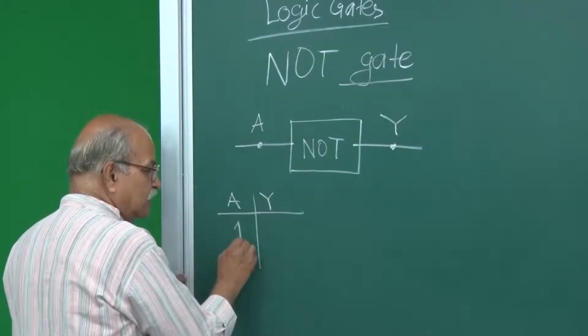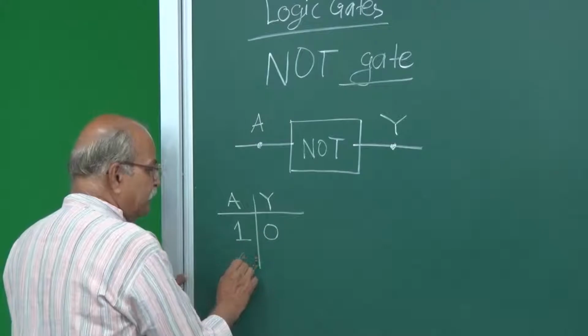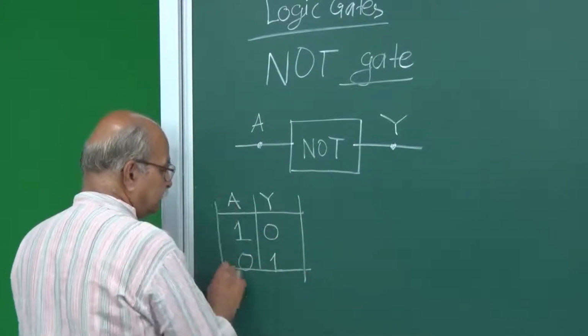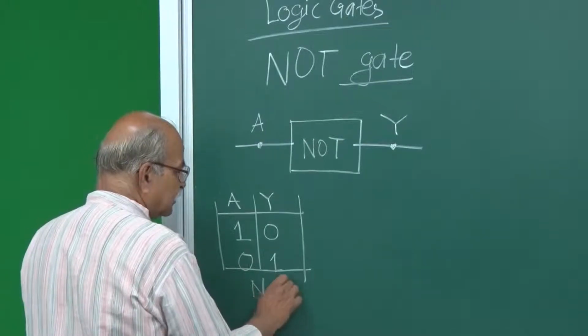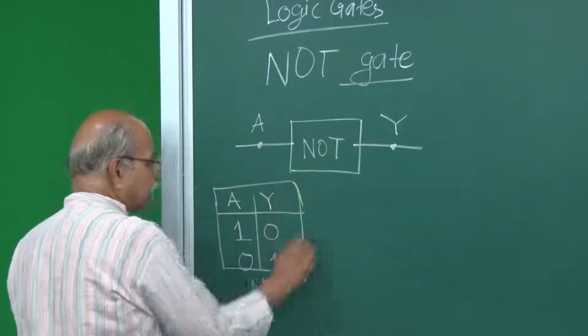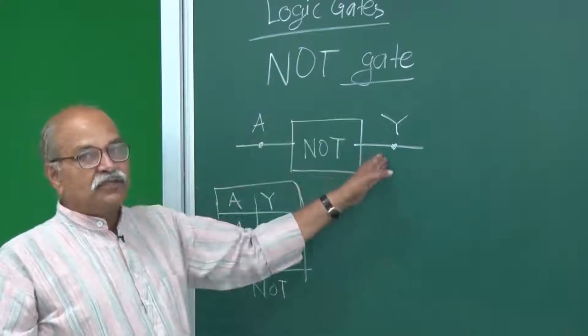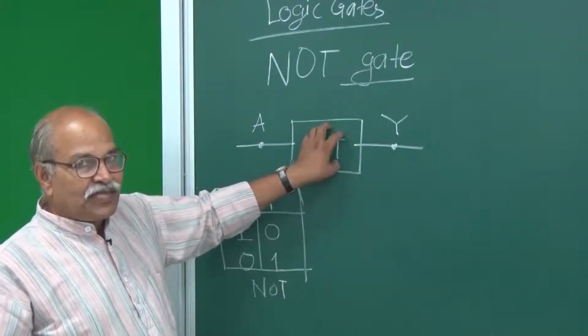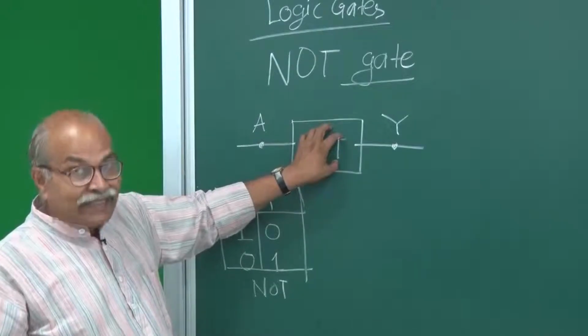If A is 1, then Y is 0, and if A is 0, then Y is 1. This is the truth table for the NOT gate. If this is 1, this should be 0. If this is 0, this should be 1. That kind of circuit is known as a NOT gate.